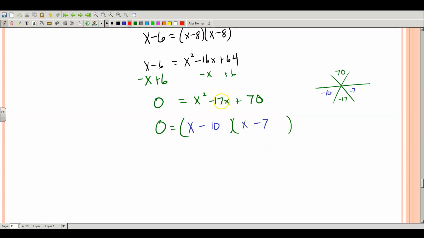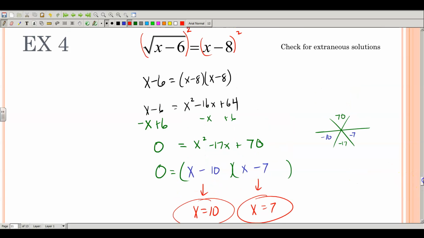So when we finish this and solve it, using the zero product property, my answers here, x equals 10 and x equals 7, are my solutions. However, one of them could be extraneous, or both of them could be extraneous.